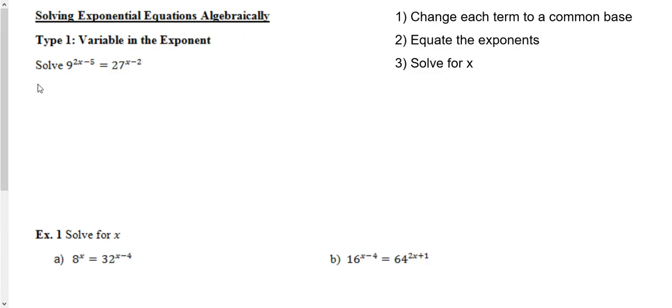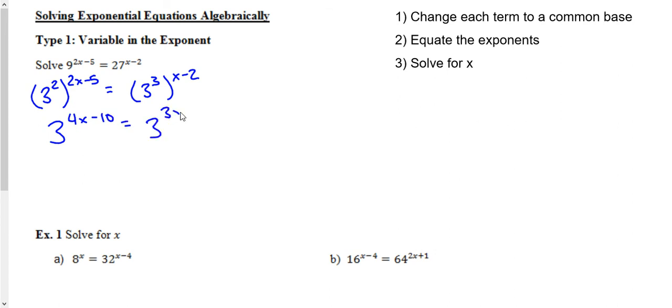So I start off this question by rewriting it as base 3 squared, that's 9 now, and I have this 2x minus 5 on the outside still. 27 I know is going to be 3 cubed, and I have that x minus 2 on the outside. From here I should distribute out my exponents, so this is now 3 to the 4x minus 10 is equal to 3 to the 3x minus 6, and there we go.